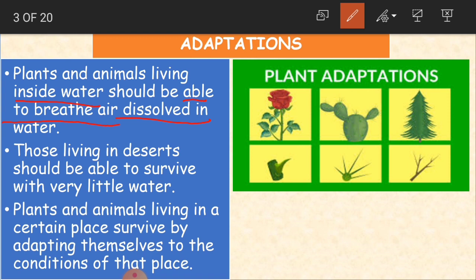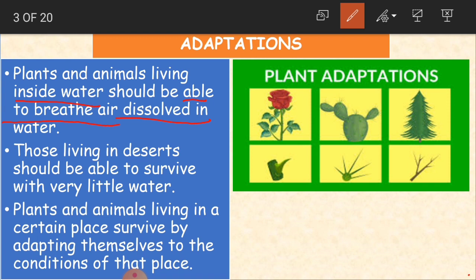What does dissolving mean? The air is going to mix with the water, and that air the plant is going to breathe. Because of that, the plant is able to grow in the water. Understood, children?